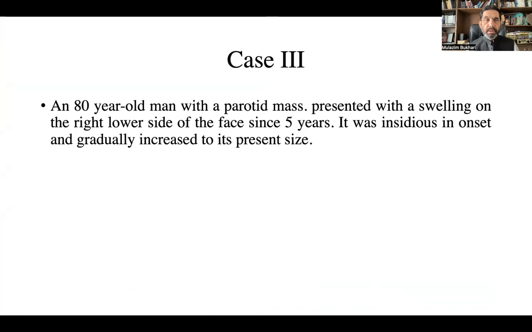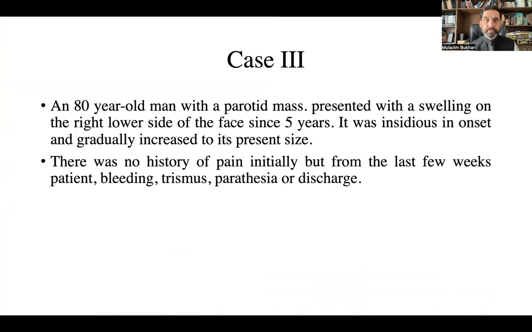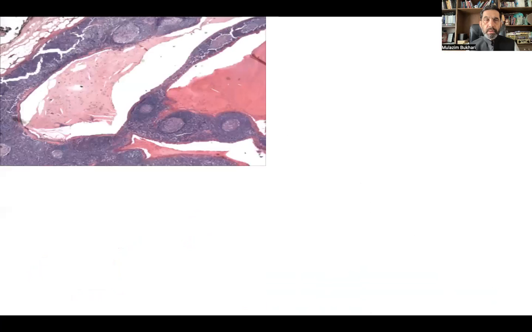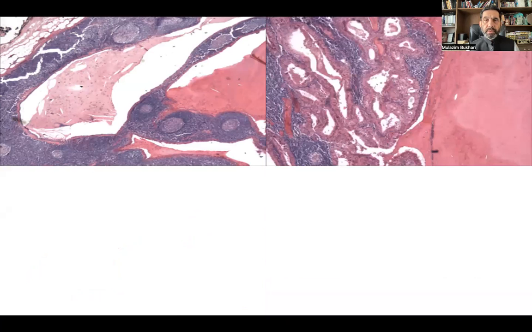Case number 3, an 80-year-old male. He was also a smoker. Very interesting case. On the right side, there is swelling. If we see the low power view, similarly a cystic tumor with epithelial linings, germinal centers, lymphoid material.